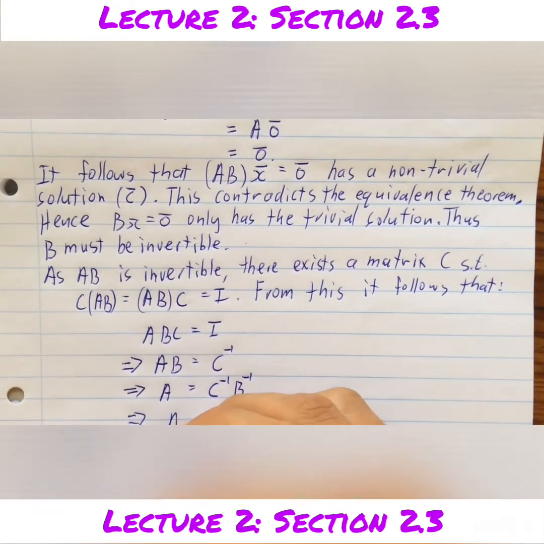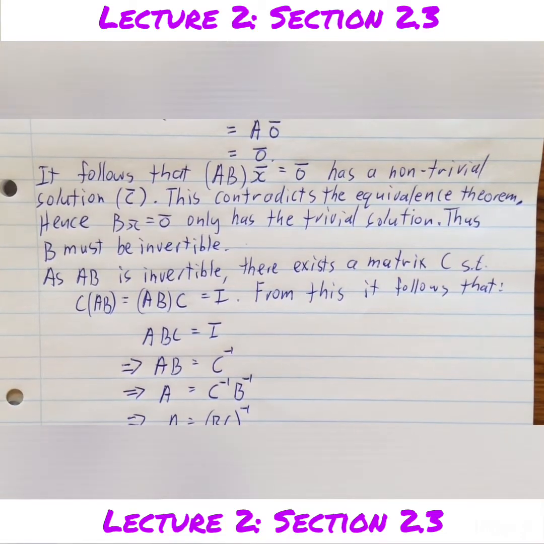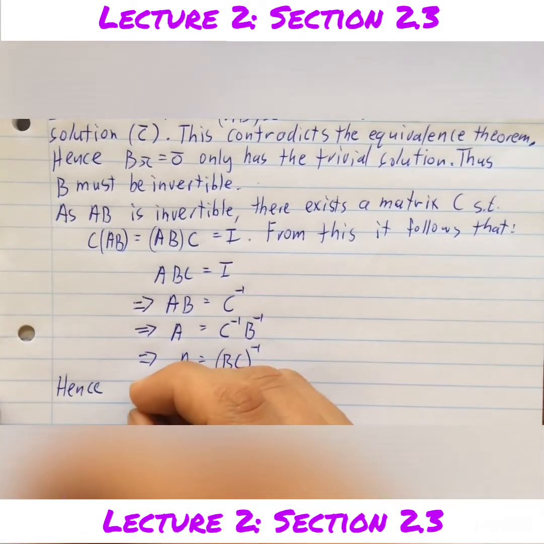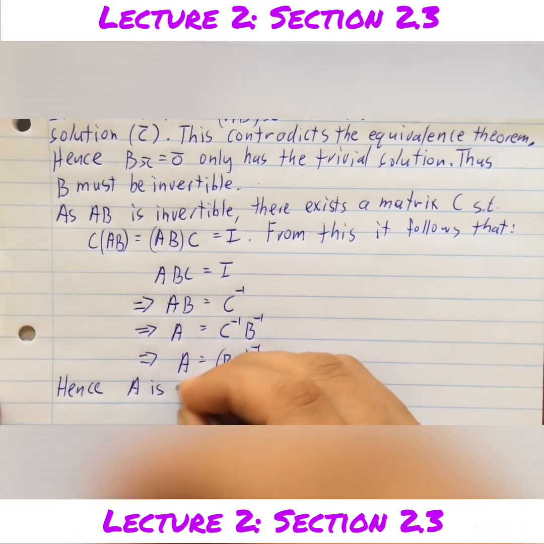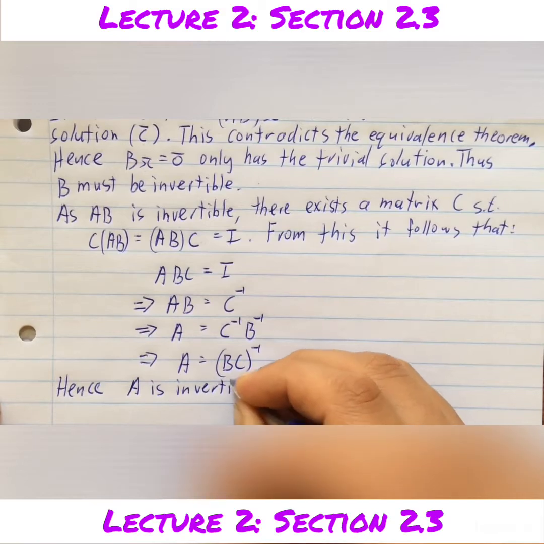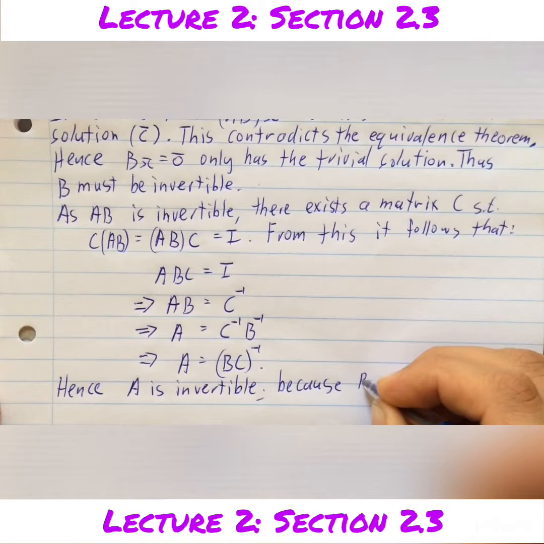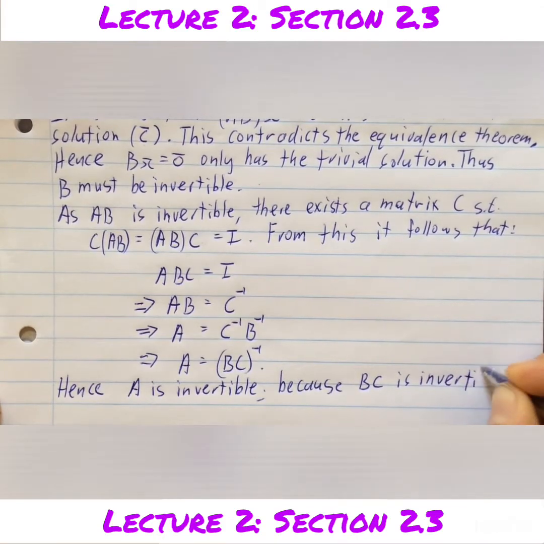Therefore A is simply B times C's inverse. Hence A is invertible, because B times C is invertible.